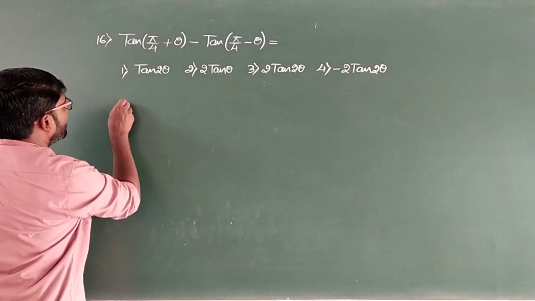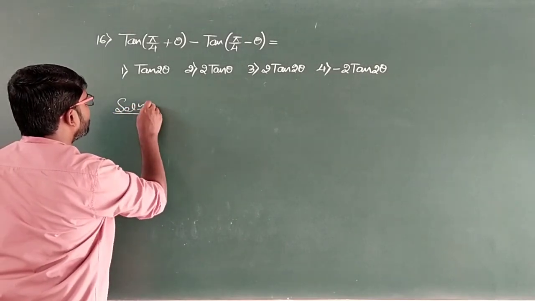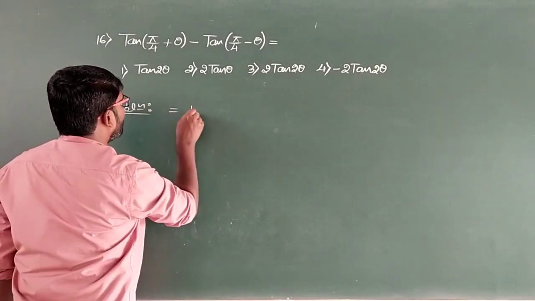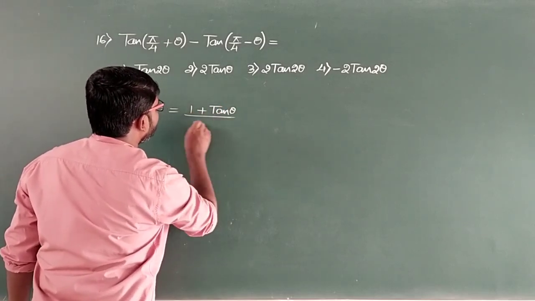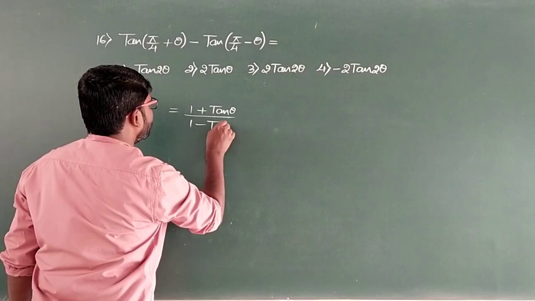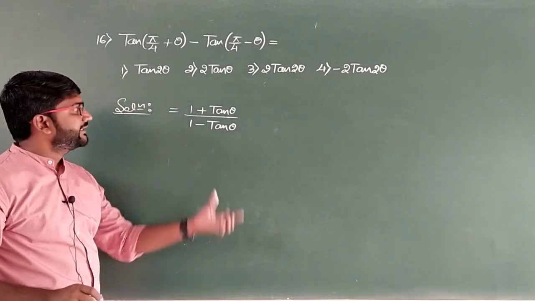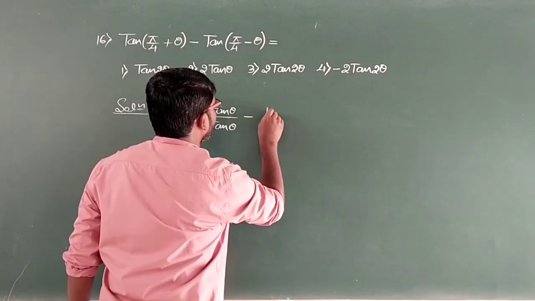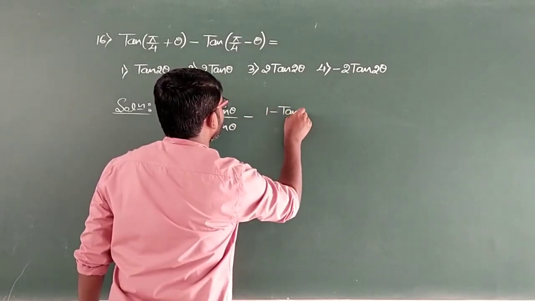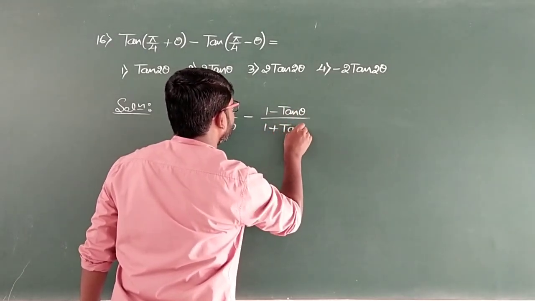So overall tan pi by 4 plus theta can be written as 1 plus tan theta divided by 1 minus tan theta. So remember this expansion now. Tan pi by 4 plus theta is nothing but this one. Then minus, here it is nothing but 1 minus tan theta divided by 1 plus tan theta.